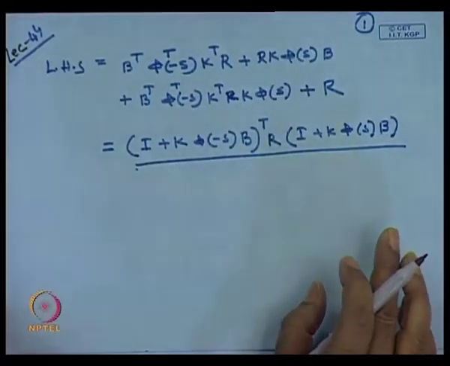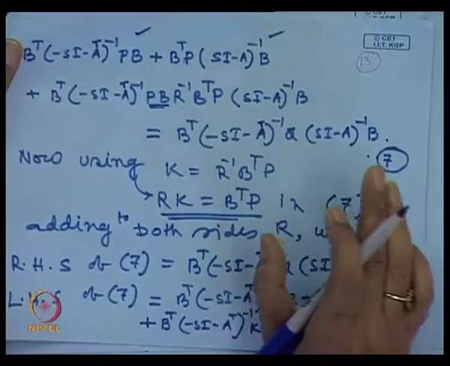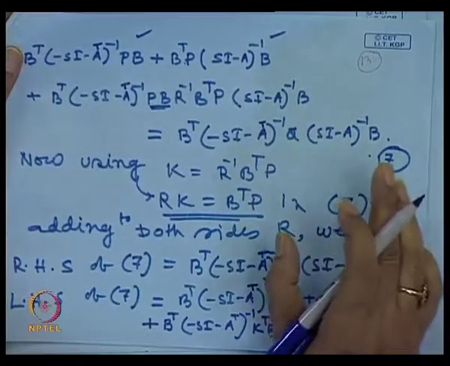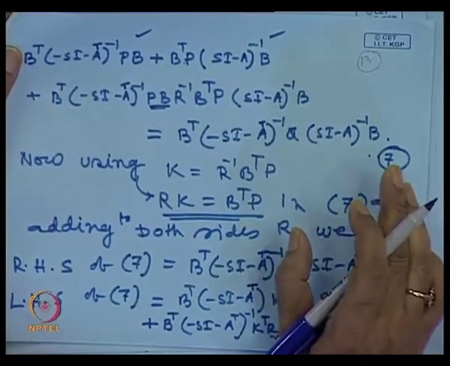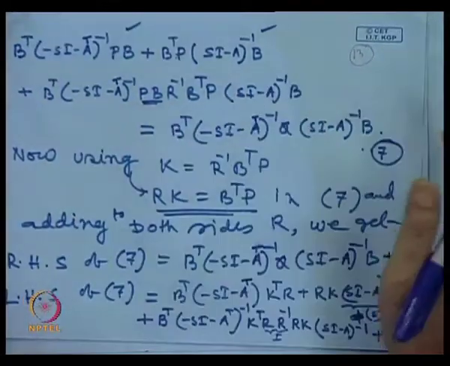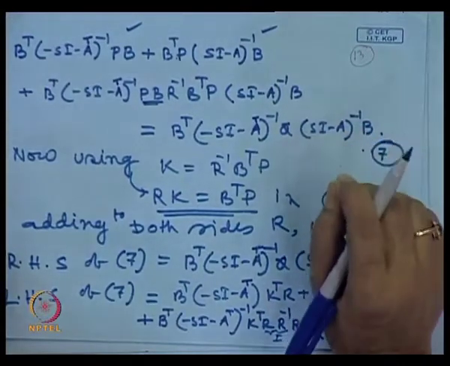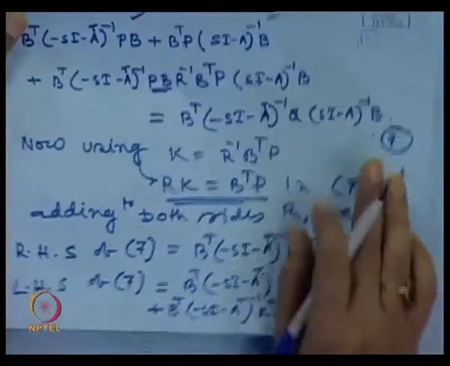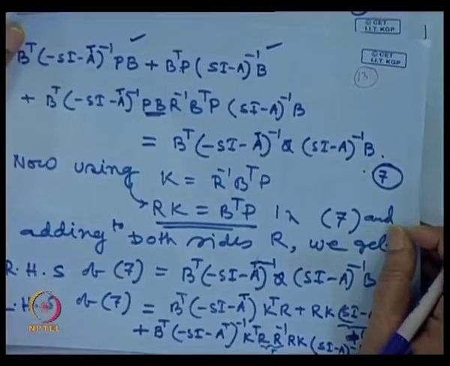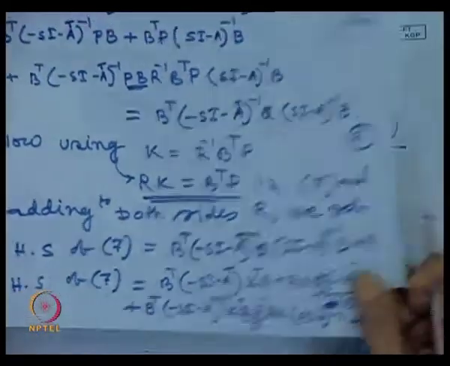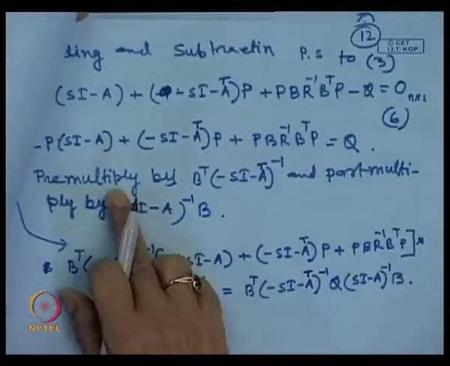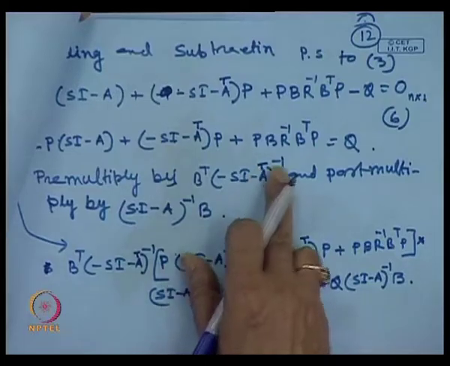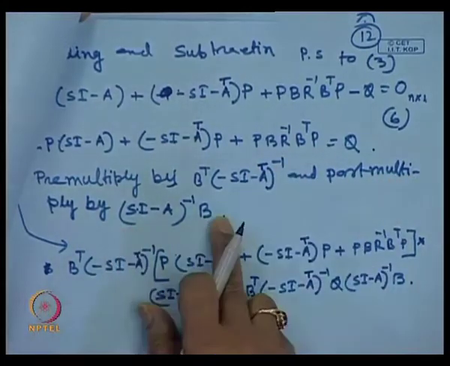If I tell you briefly, we started from the algebraic Riccati equation. Then on both sides I added a P s term and subtracted the P s term. After that, on both sides I pre multiplied by B transpose minus S I minus A transpose inverse and post multiplied by this.